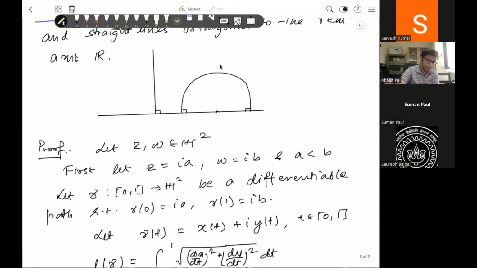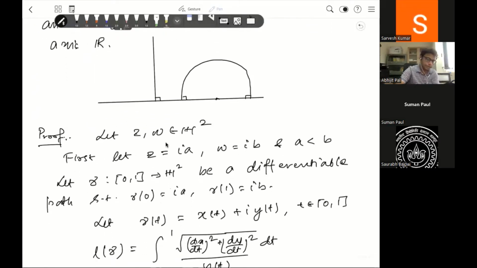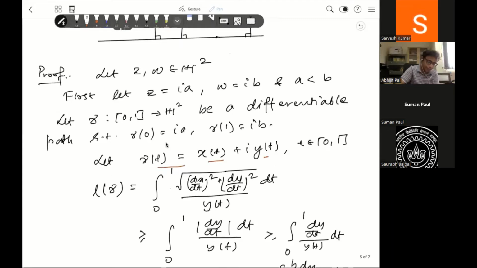How do I do this? First you take any point on the imaginary axis. I have taken these two points, ia and ib, and you take any path gamma joining them. So gamma(t) is x(t) + i y(t), and by definition the length of gamma is equal to this thing.